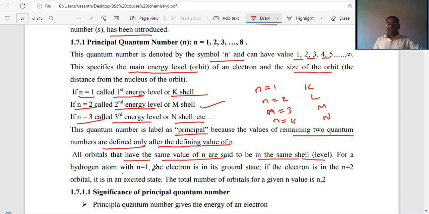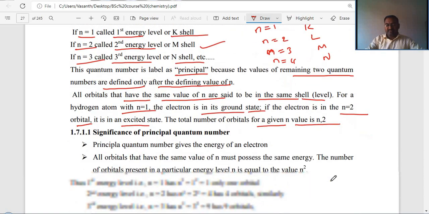For a hydrogen atom with n equal to 1, the electron is in its ground state. If the electron is in the n equal to 2 orbital, it is in the excited state. The total number of orbitals for a given n value is n squared. Simple examples follow.